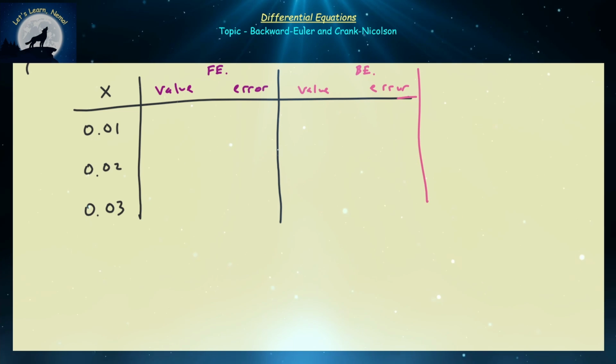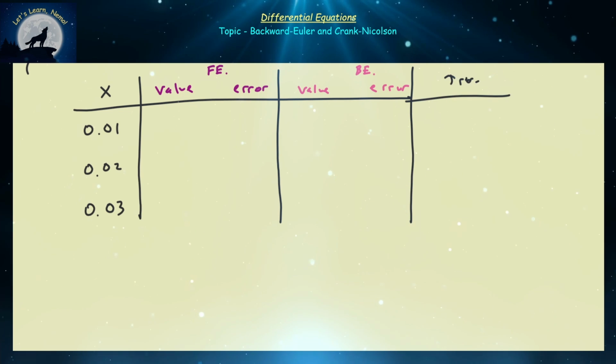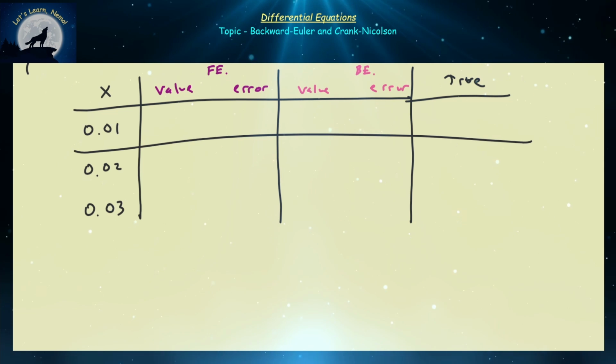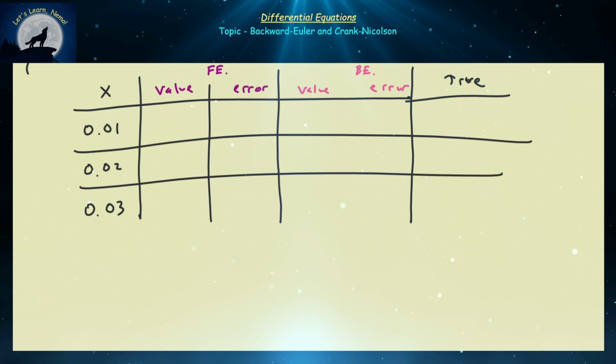And then, once we have that, then we can analyze the error for each of those terms. So let's look at the true value over here. Right? So let's see what we have in this particular table, and let's see who did better.